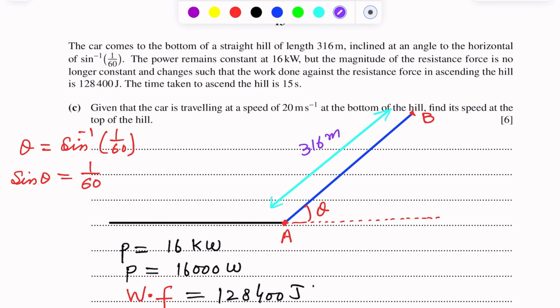At point A, the speed of the car is 20 meter per second. At point B, we have to find the speed of the car.